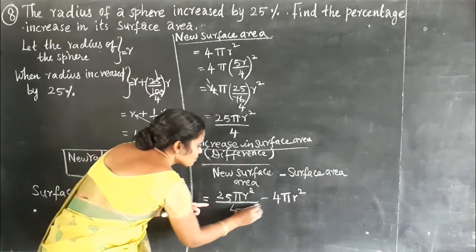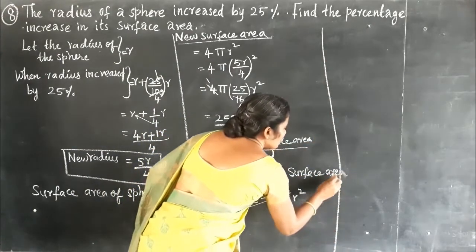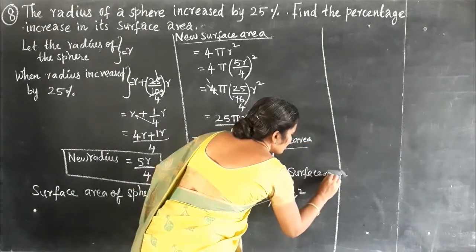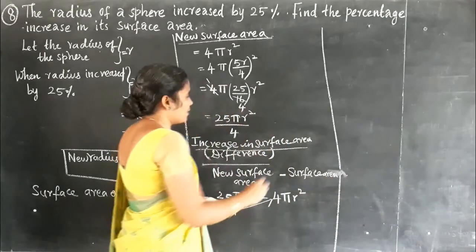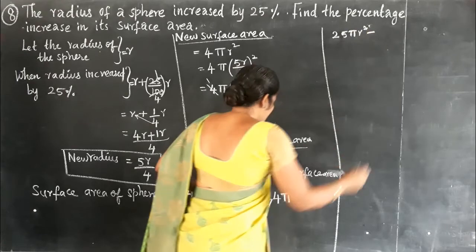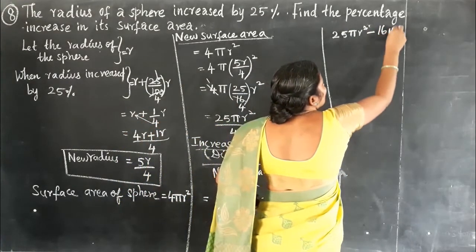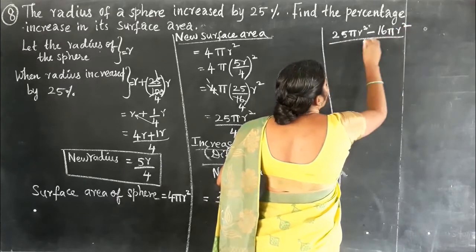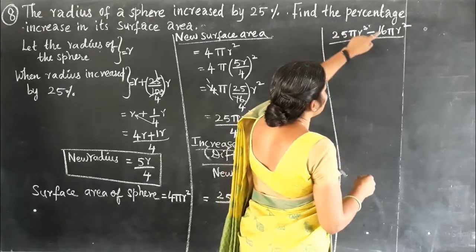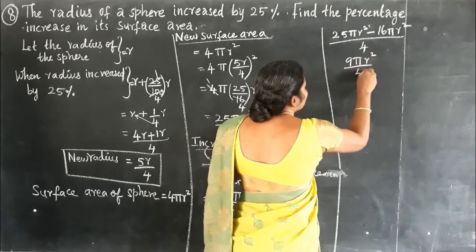Okay, now 25 pi R square minus 4 into 4, 16 pi R square by 4. So 25 minus 16, 9 pi R square by 4.